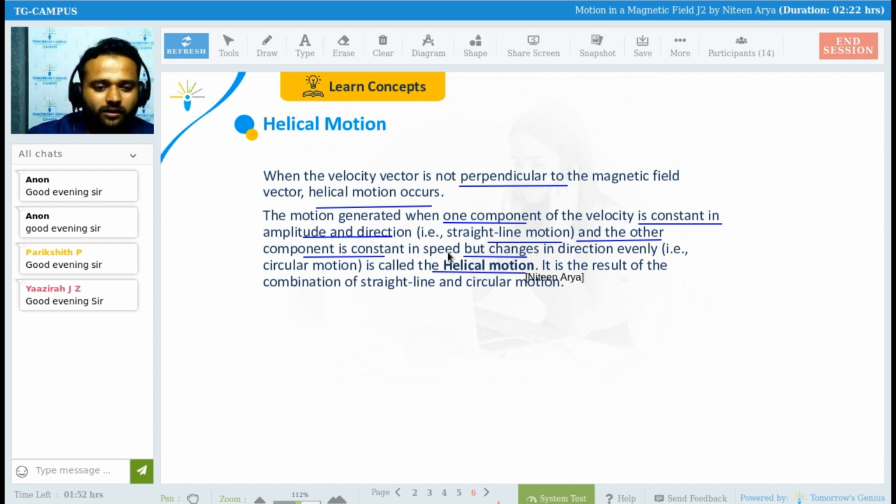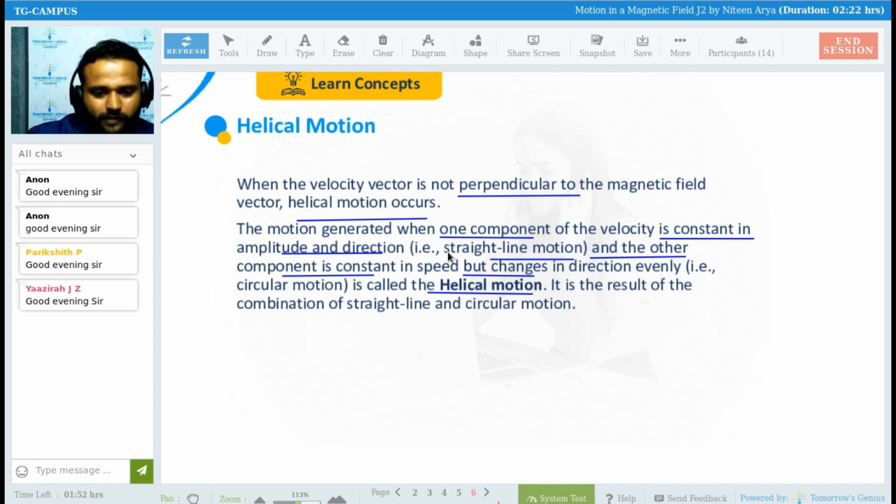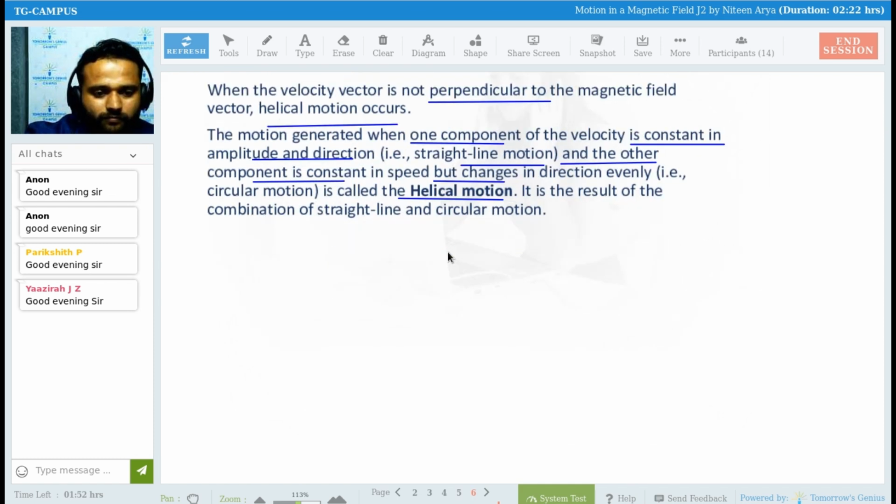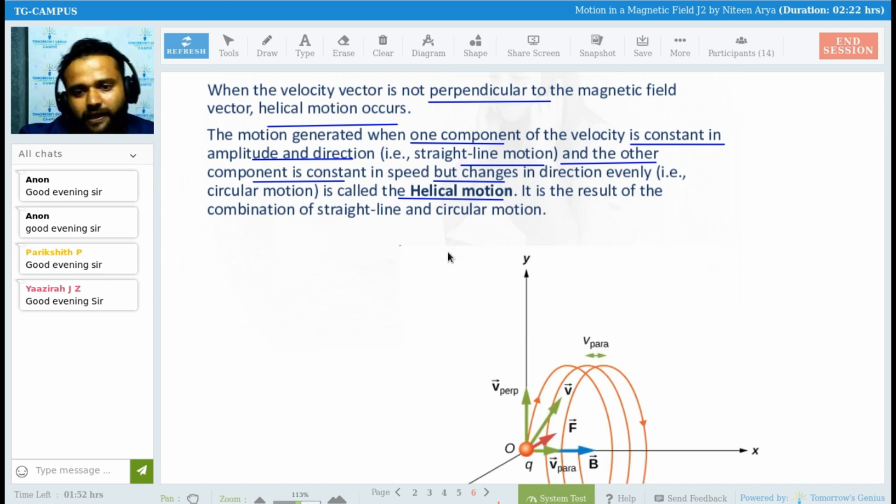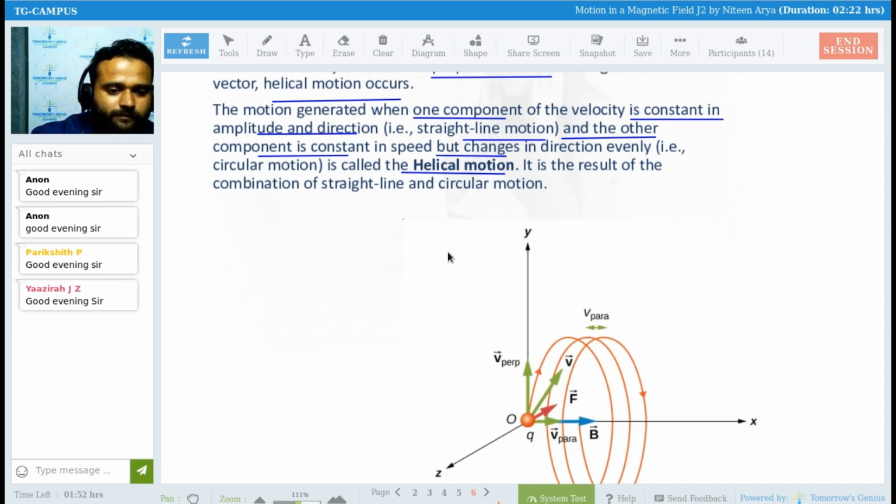This is called helical motion. I don't know why they don't give you this diagram. I'm going to give it to you, don't worry guys, that's why I'm here for you. Just give me a minute. So this is your helical motion.